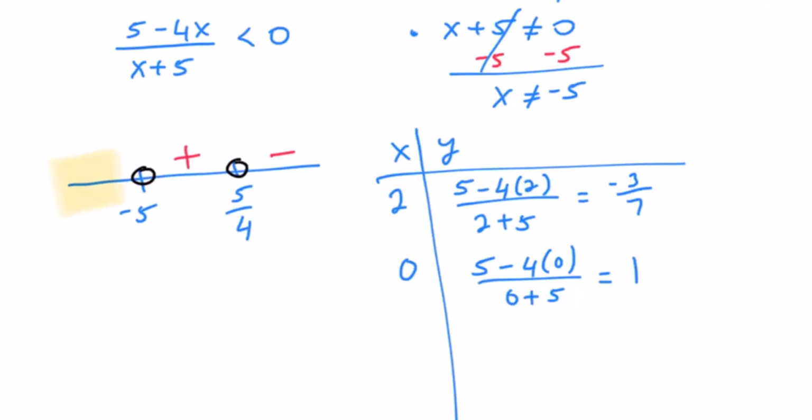Let's pick a number that is less than negative 5. So let's pick negative 6. And we have 5 minus 4 times negative 6 over negative 6 plus 5. So this is negative 29. So we have a negative interval.